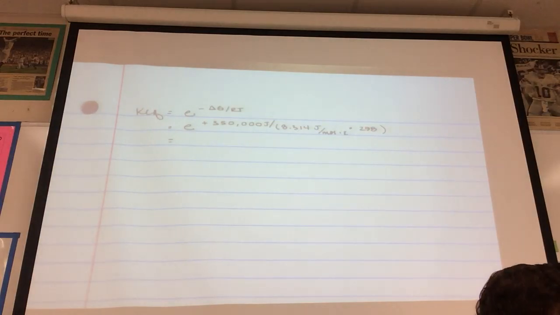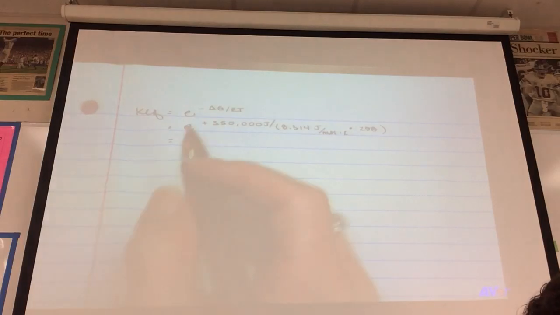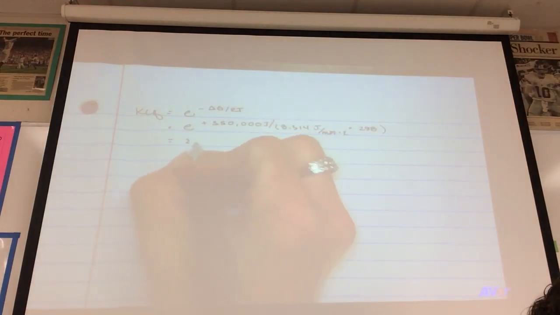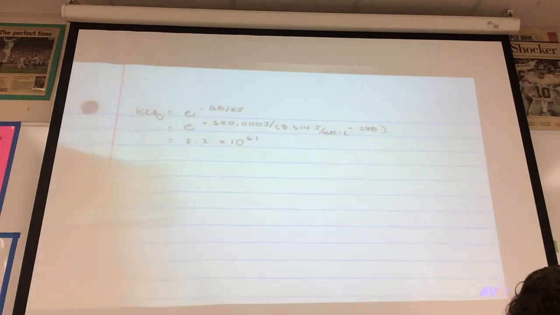And we were in 2 sig figs as we went, and we'll keep it that way. And I have 2.2 times 10 to the 61st power.